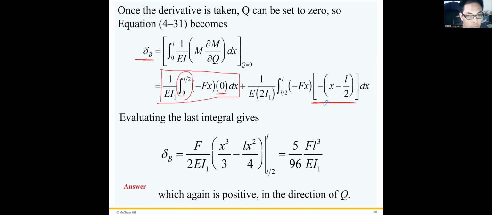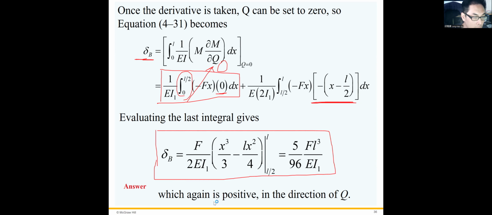So the first term will equal 0. Finally, we can evaluate the last integral, giving the deflection at point B. The positive sign means that the deflection is in the direction of the dummy load Q. So any questions?